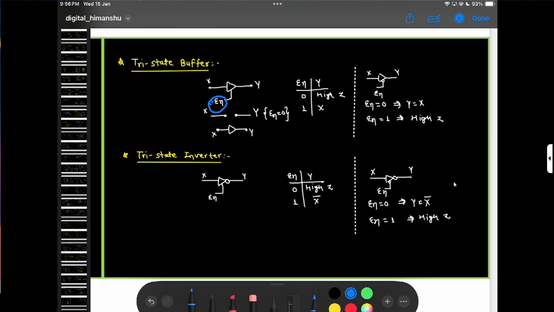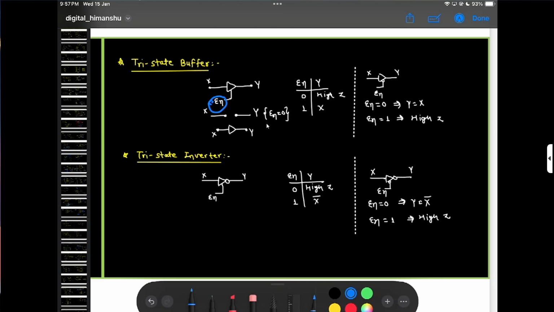So, tri-state inverter. Basically, when the enable signal is high, that's the only time it gives you the complementary output. Your output should be the complement of the input. If the enable signal is low for active high, then it does not provide any output, and it behaves as a high impedance.